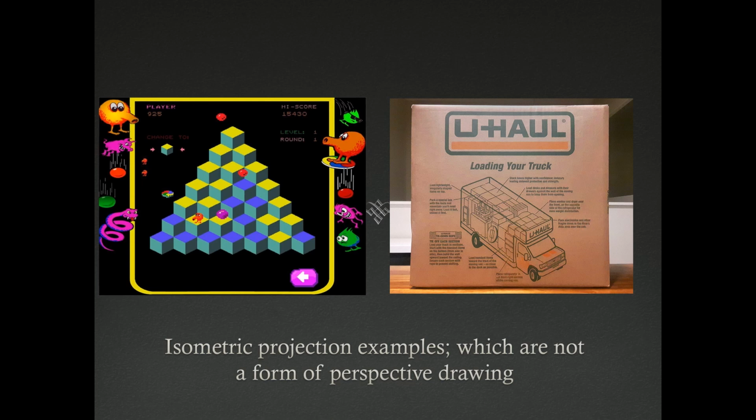So it kind of flattens things out and makes this three-dimensional object have an equal amount of visual weight between anything that's closer to you versus anything that's farther away.